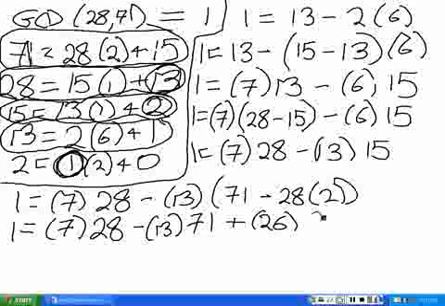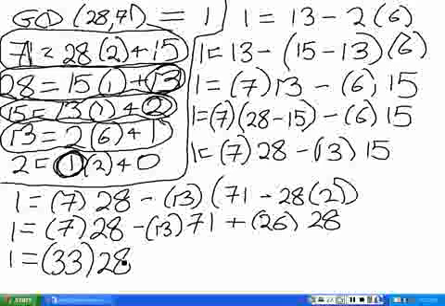26 times 28. So this gives us 1 is going to be, well, 26 28s and 7 28s gives me a total of 33 28s minus 13 71s.